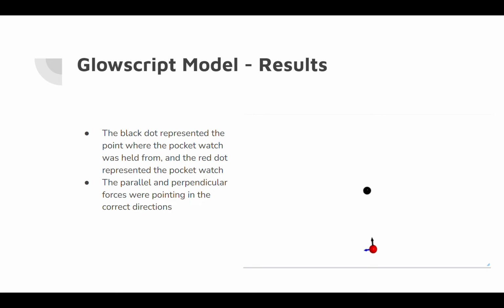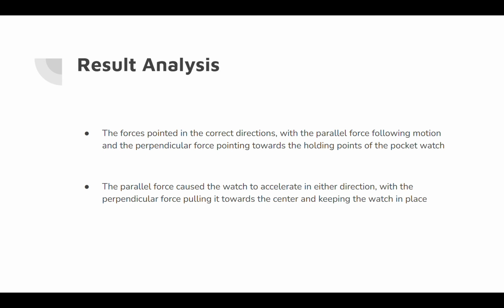So it looks as if these are pointing in the correct directions. Going to my analysis, the parallel force is following the motion of the watch, and the perpendicular force is pointing towards the point where the pocket watch was held. So the parallel force caused the watch to accelerate in either direction, either pushing it to the left after it reached the apex on the right, or pushing it to the right after it reached the apex on the left.